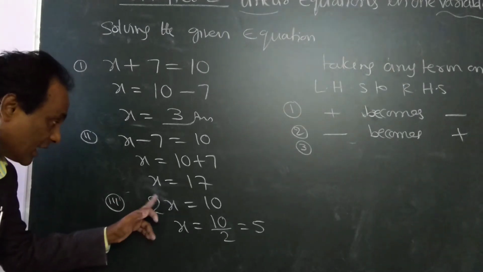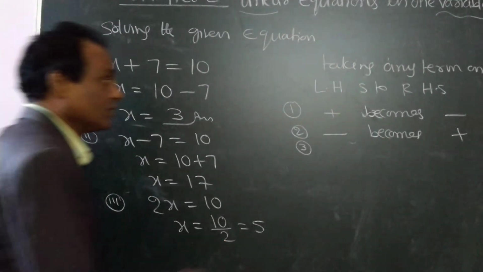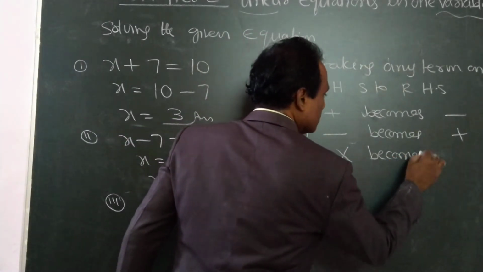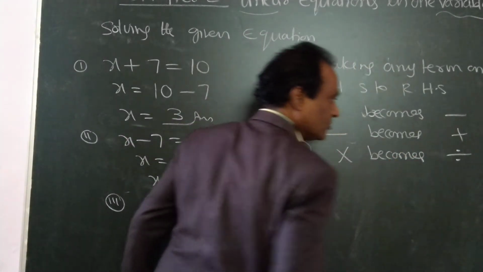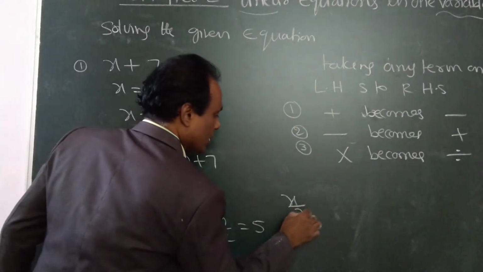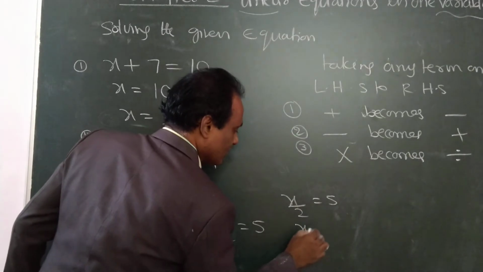If it is multiplication, the right side will become division. See here, multiplication becomes division. See here, x by 2 is equal to 5. What is x?